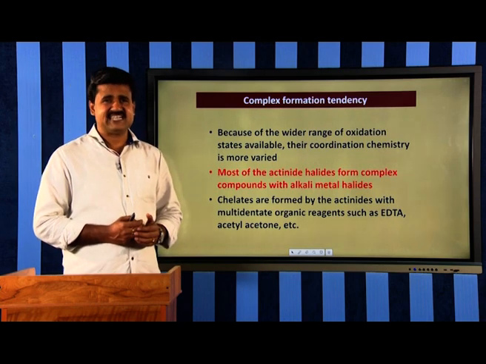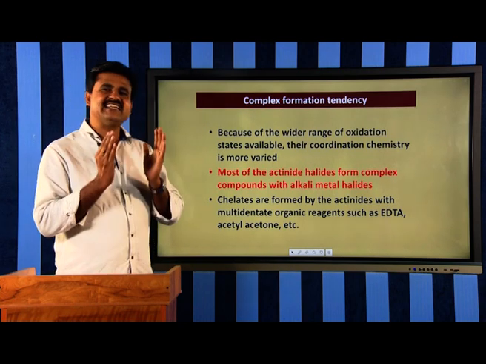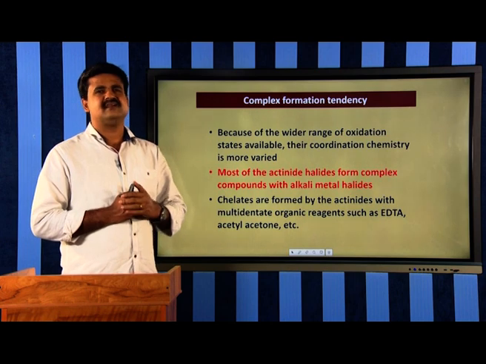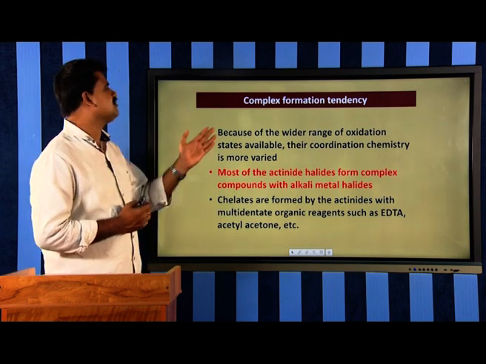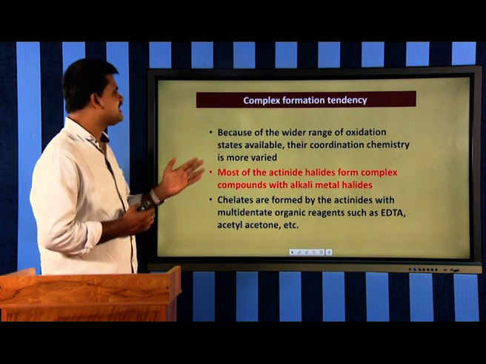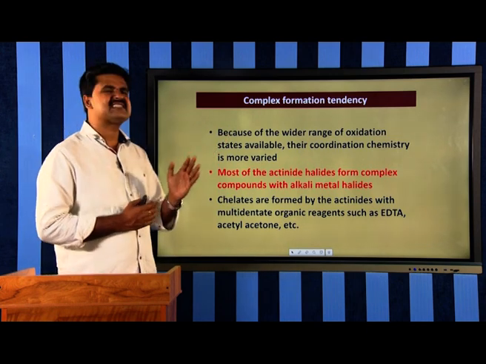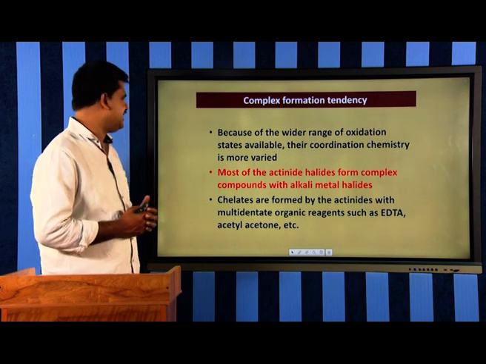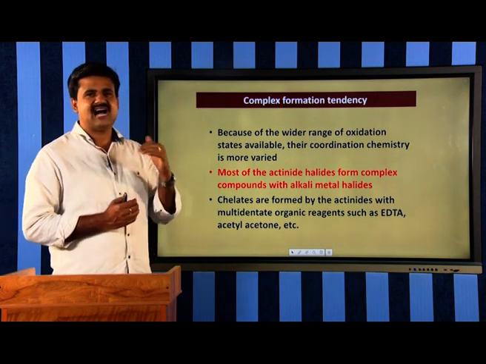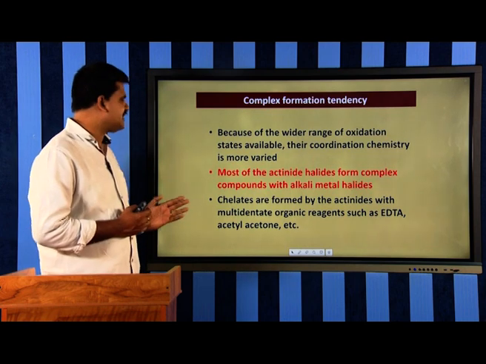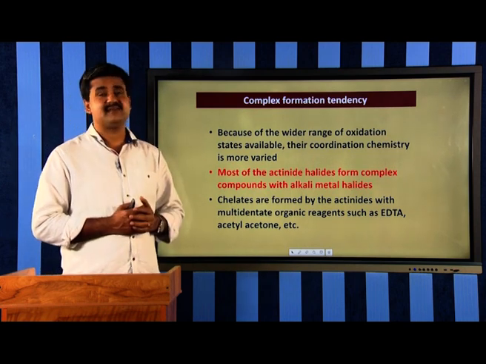Complex formation tendency. As we studied in the case of lanthanides, actinides also have complex formation tendency. Because of the wide range of oxidation states available, their coordination chemistry is highly varied. Most actinide halides form complexes with alkali metal halides.